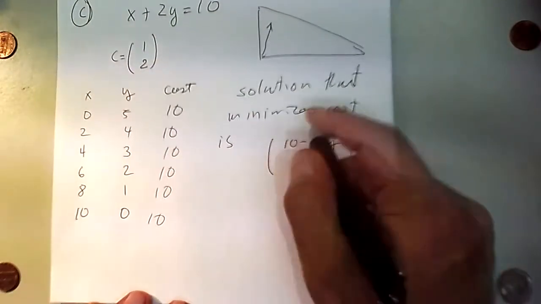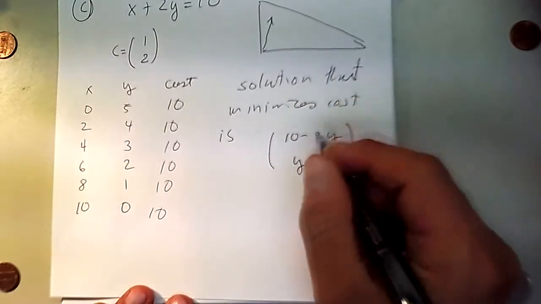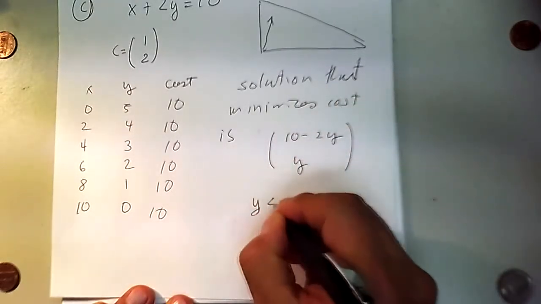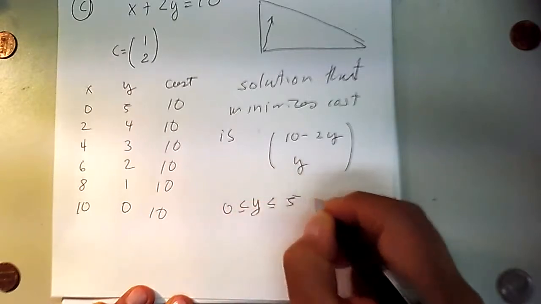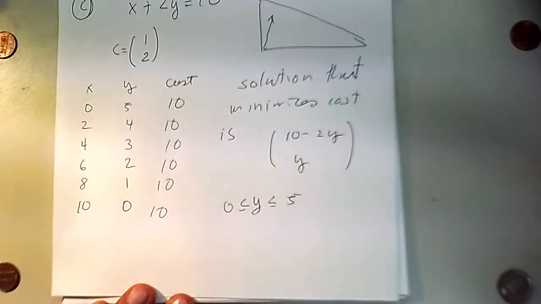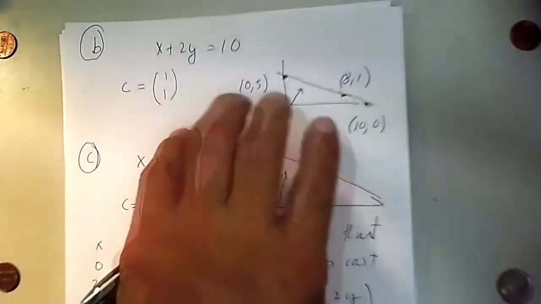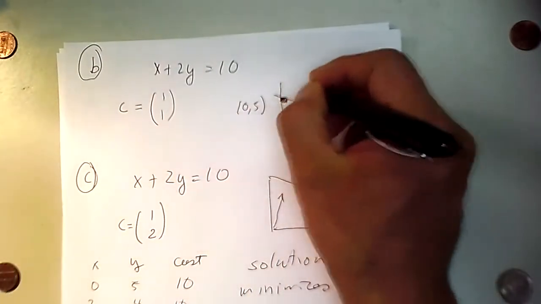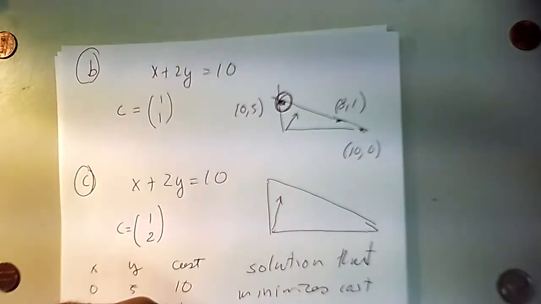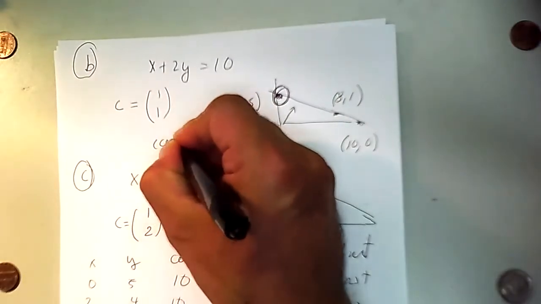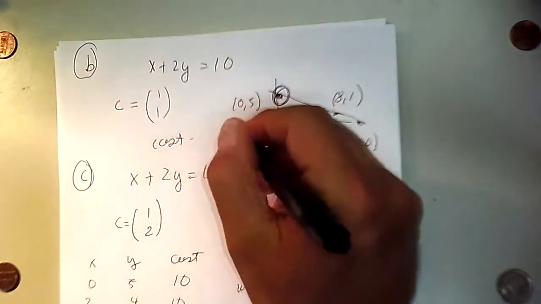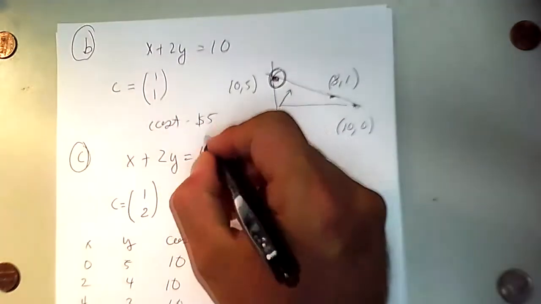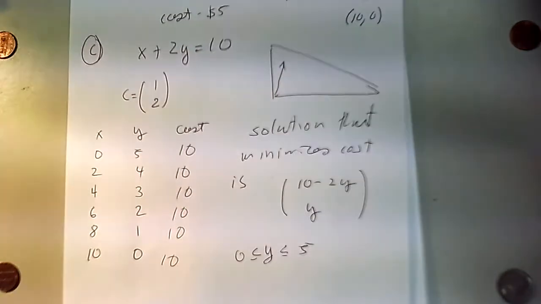It doesn't matter which one you use, where y can be anything. So as long as y is between 0 and 5, we're good. So there's an infinite number of solutions, as opposed to this one, where we had only one solution. The solution is just this guy. That is the solution right here, no more. And by the way, the cost associated with that solution is $5. Here the cost is $10 regardless.